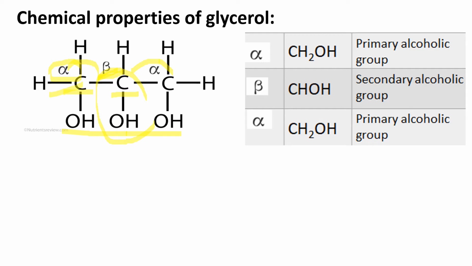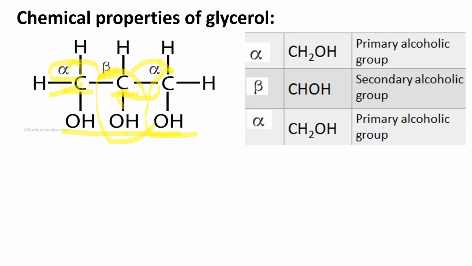So hence this is alpha prime, and in some textbooks they also refer to it as alpha prime, just to differentiate it from this alpha, but otherwise it is the same group, CH2OH. So this is again a primary alcoholic group because the hydroxyl group bearing carbon atom contains only one carbon atom linked to it.